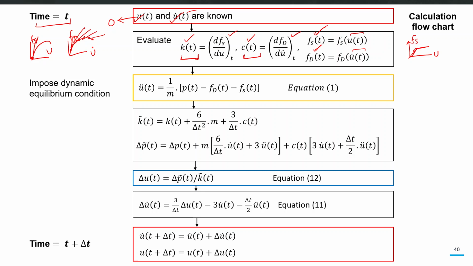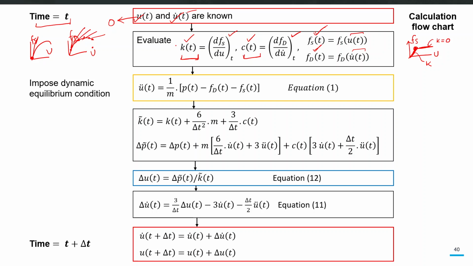I already know that up to this point k will be constant because it is linear, and after that point, because the line is horizontal, k is equal to 0. So I already know the value of the instantaneous slope at all the points of this fs and u relationship.